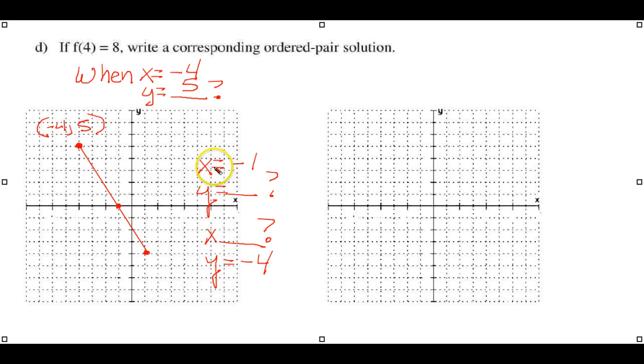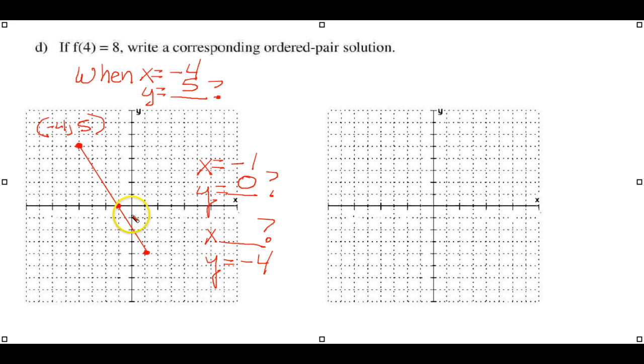Now, if x is a negative 1, what would our y be? Well, we go where x is a negative 1. Y is going to be 0. That's your x-intercept, by the way. Now, how about if we don't know x, we know y is a negative 4, what would x be?